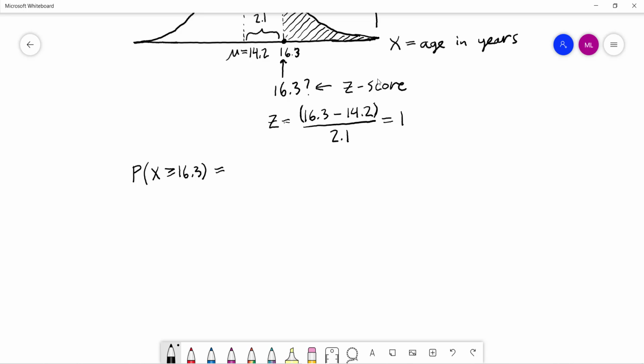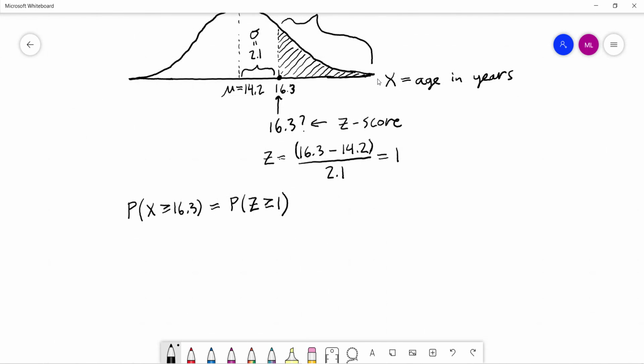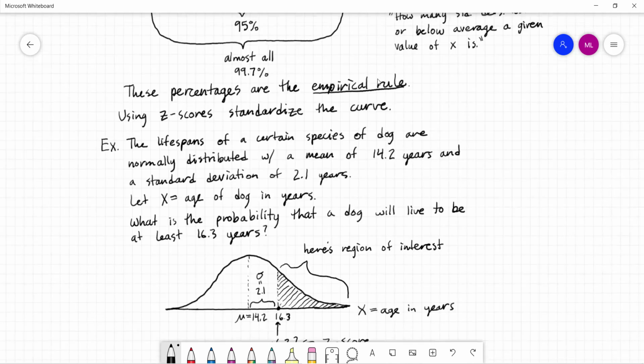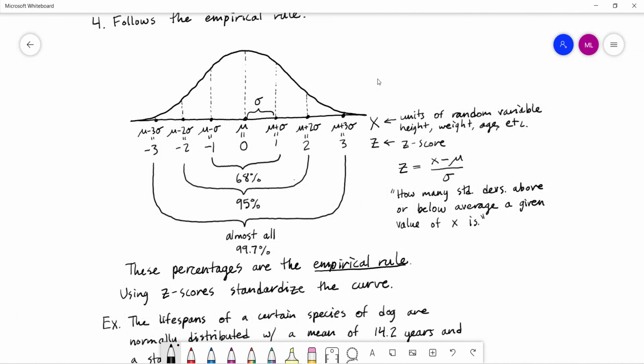So the probability that x was greater than or equal to 16.3 is the same as converting it to z-scores, the probability that z was greater than or equal to 1. And if I want that area, I can use a little bit of trickery from what we've got up here in the way that we did this picture.